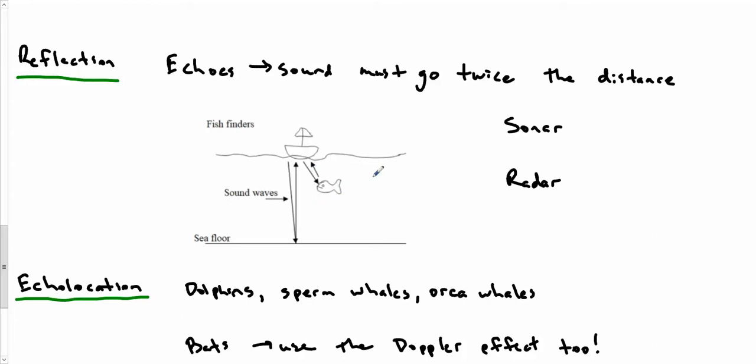So keep in mind, when I'm doing things with echoes, it's got to go down and up. Sonar, which is what submarines use, uses this idea. Radar, what we do when we're trying to track things in the air, also uses this, except they're not using sound, they're using light.